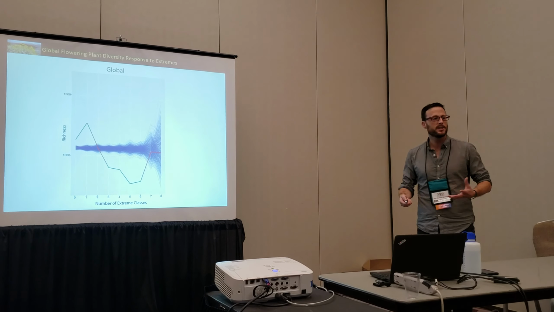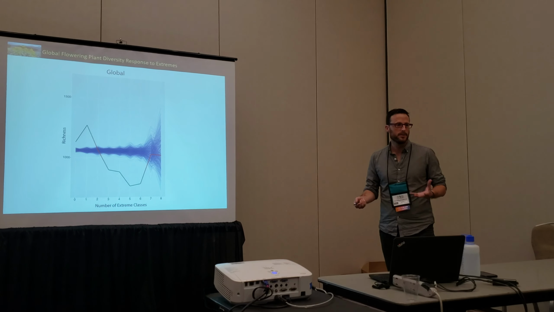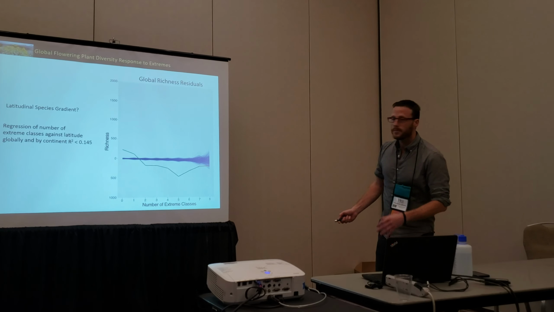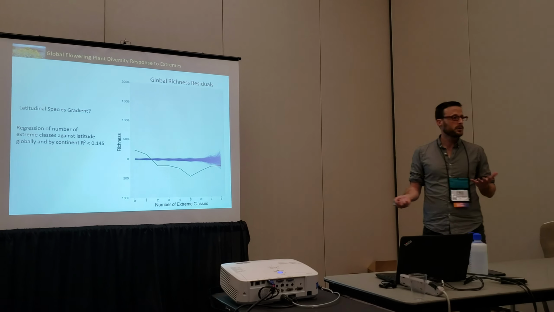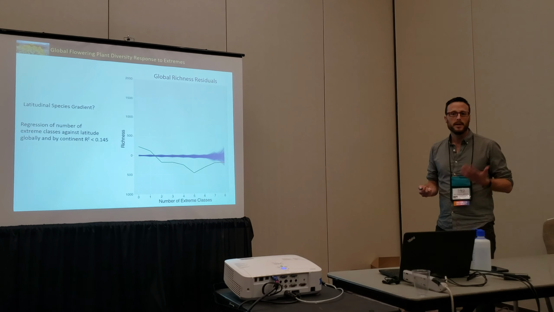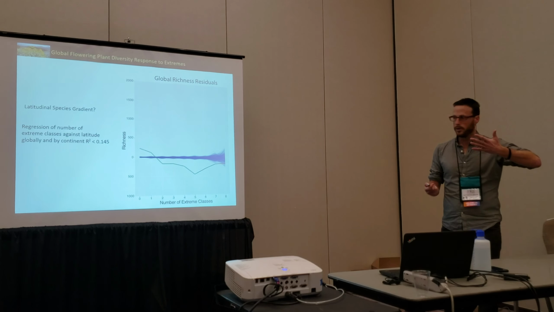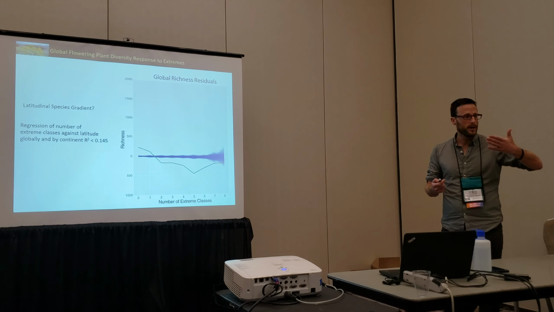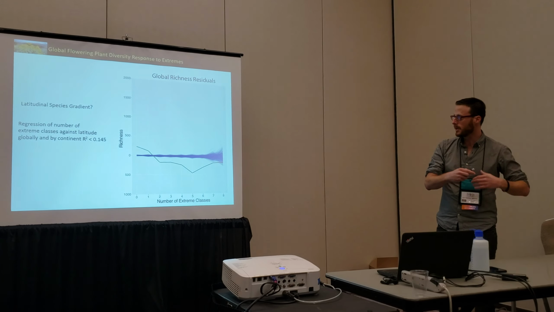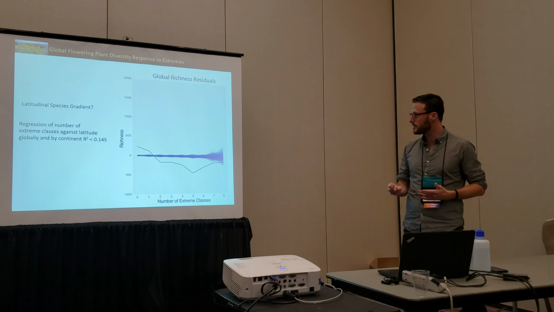As an environment becomes less hospitable, the number of plants that are able to survive there starts to drop off. Okay. Just as an aside, if anybody was wondering whether the latitudinal species gradient might have been playing into this, so is it just that we find more extremes towards the equator, and so we're just seeing the species gradient and these extremes co-occurring, and so that's what's explaining these differences.